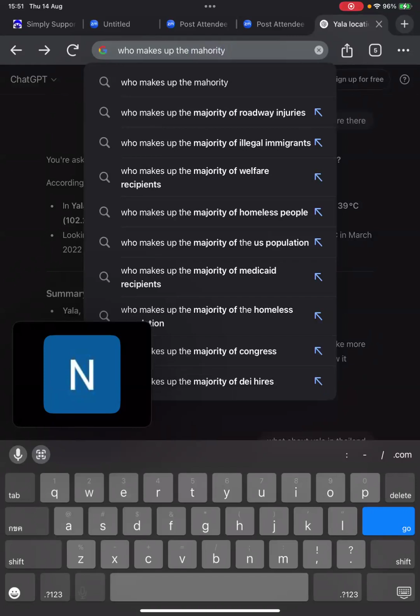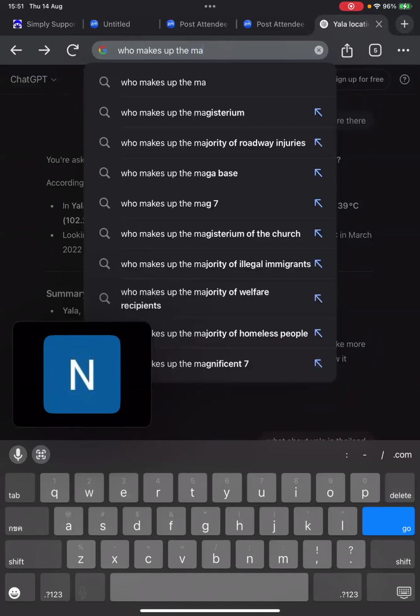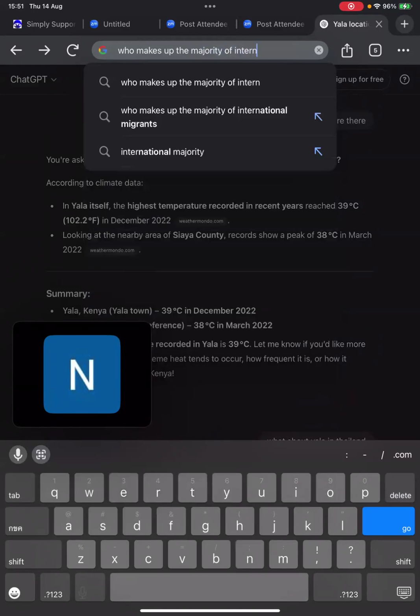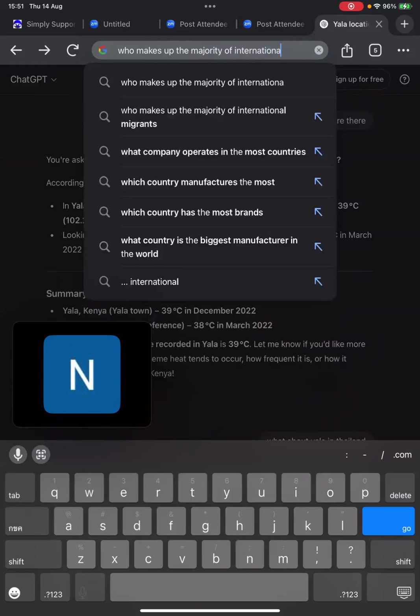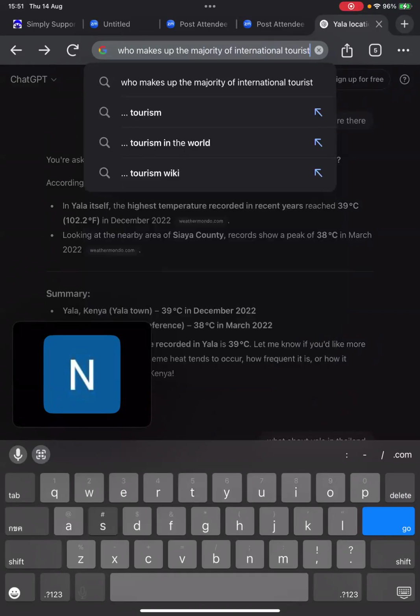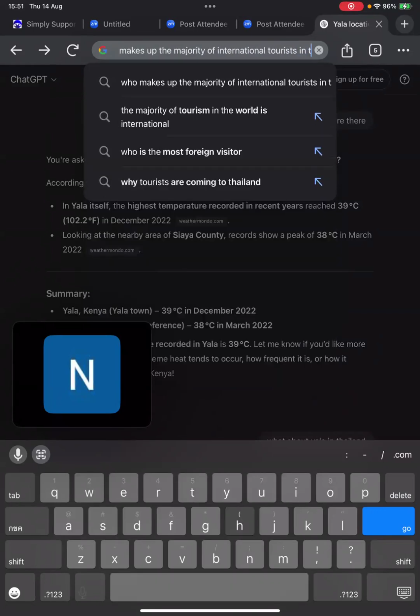Who makes up the majority of international tourists in Thailand?